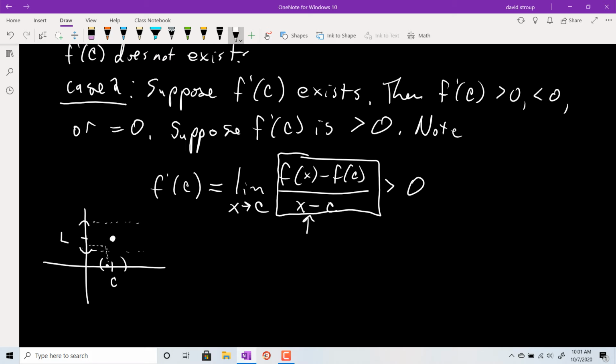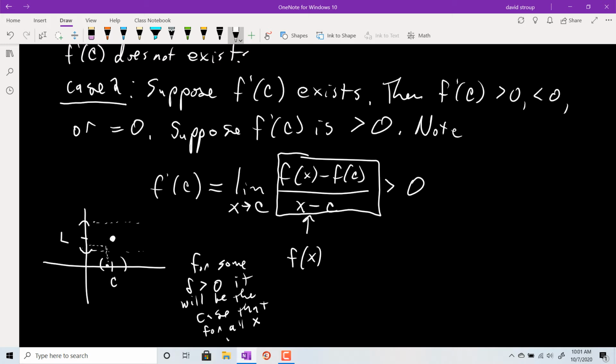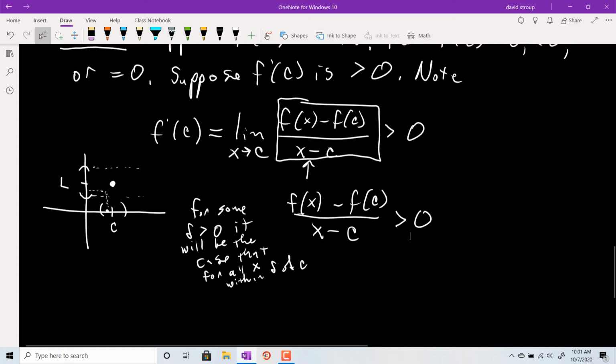So we could extract that part and just say for some delta greater than 0, it will be the case that for all x within delta of c, this f of x minus f of c all over x minus c will be greater than 0.